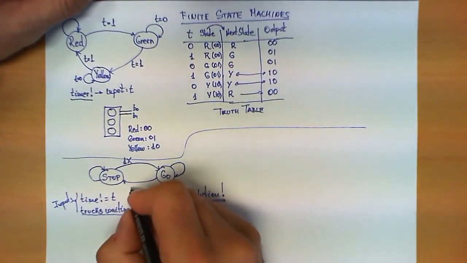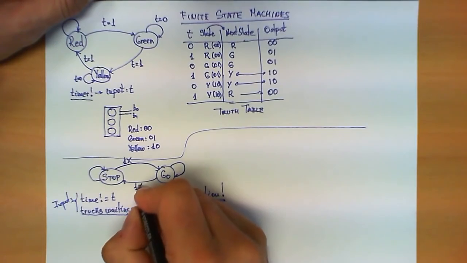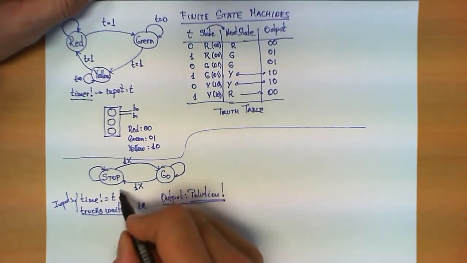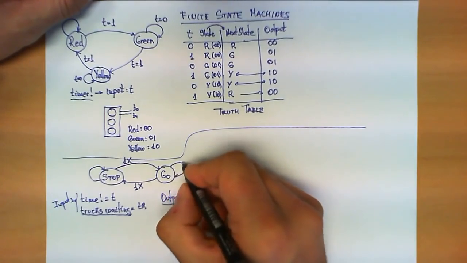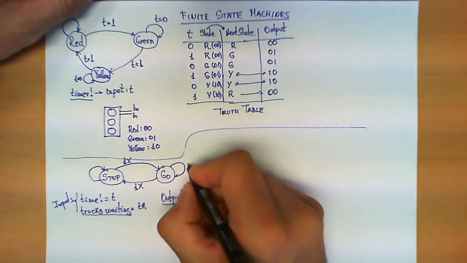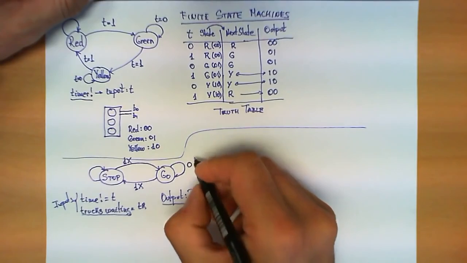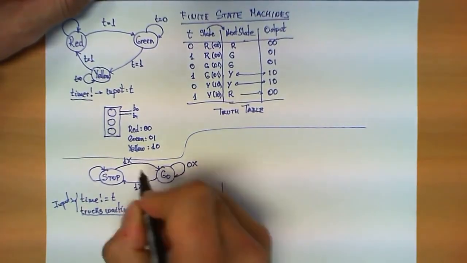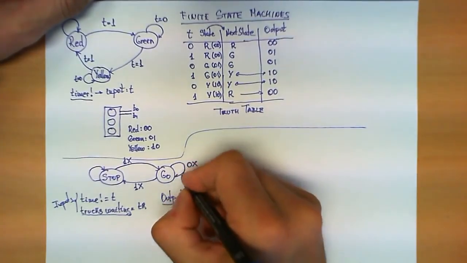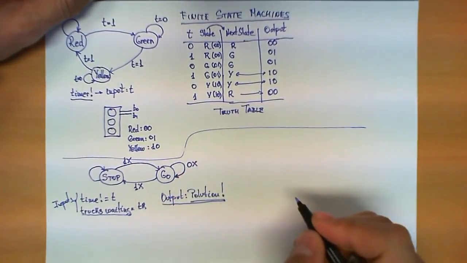Same thing happens here. If the timer is 1, I don't care what is the value of the other input, I make this transition here. Something similar occurs here. If traffic is flowing and my timer tells me it's not time yet, I don't care what is the value of the other signal. This is what I'm representing by an X, and I make exactly this transition.